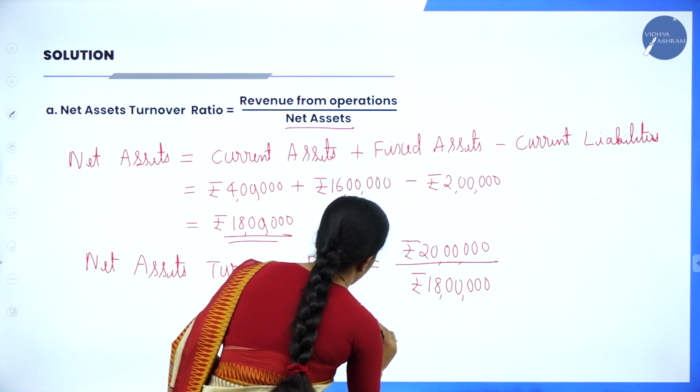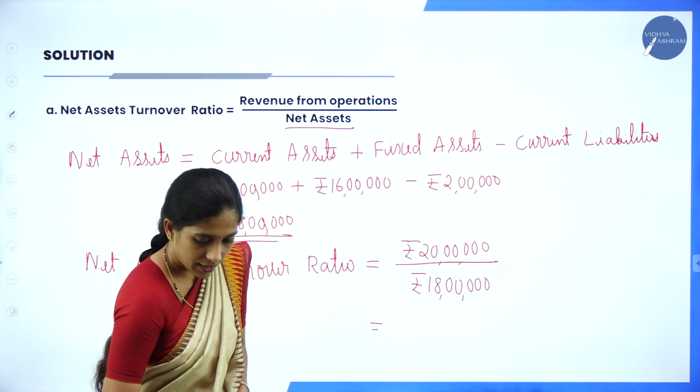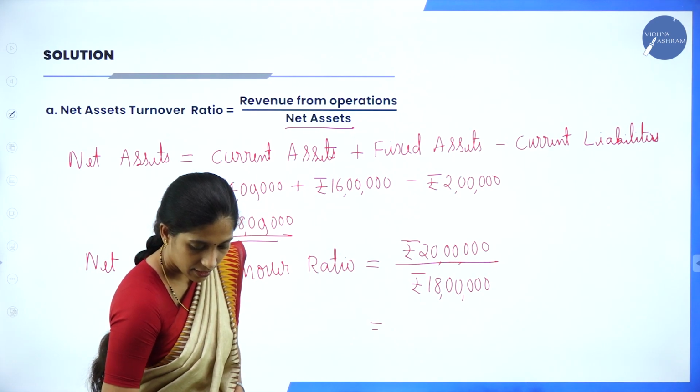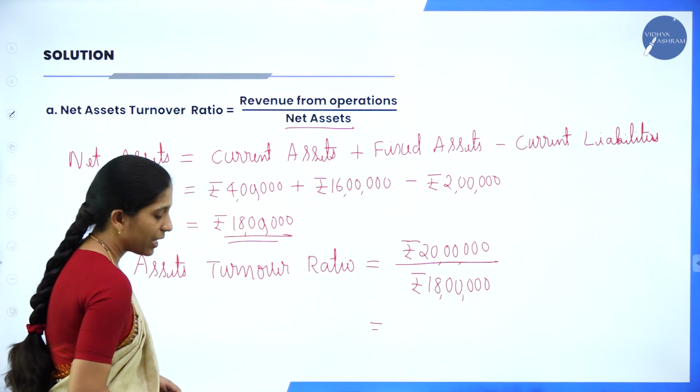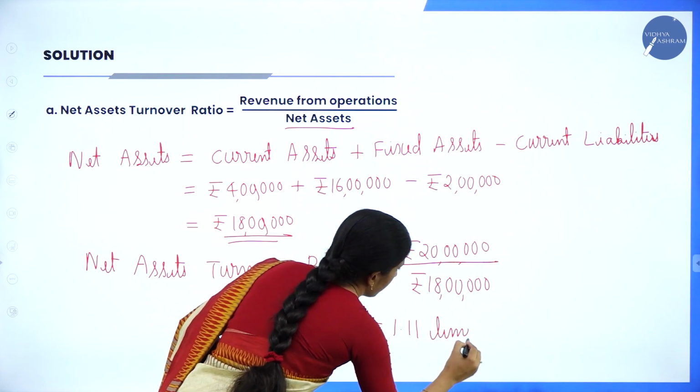So this will be 20 lakh divided by 18 lakh. So this will be 1.11 times.